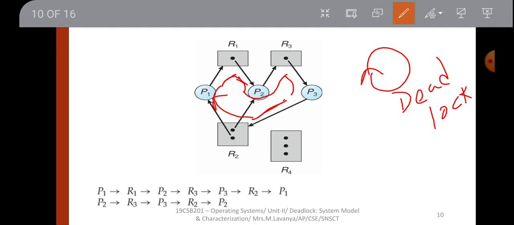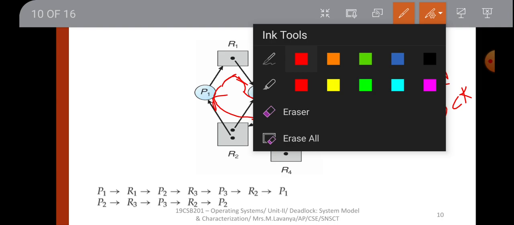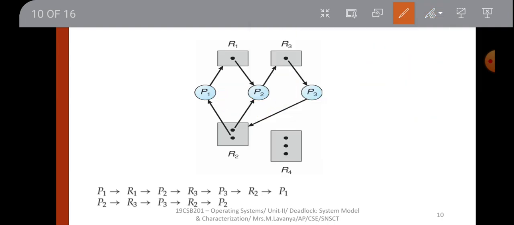In this there is one cycle and another pathway here. See here, in this the process P2 is requesting R3 and R3 is held by P3 and P3 is requesting R2, whereas R2 is held by P2.